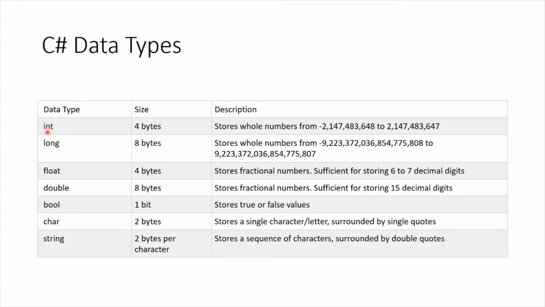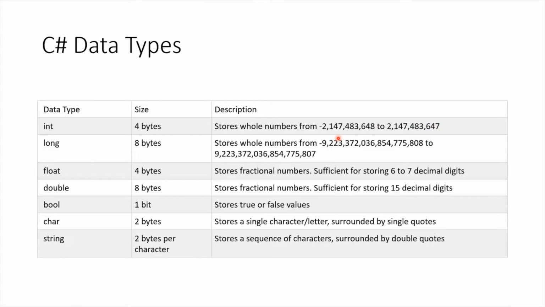So the integer data type has the size of 4 bytes. It stores whole numbers from minus 2147 million in negative to 2147 million in positive.